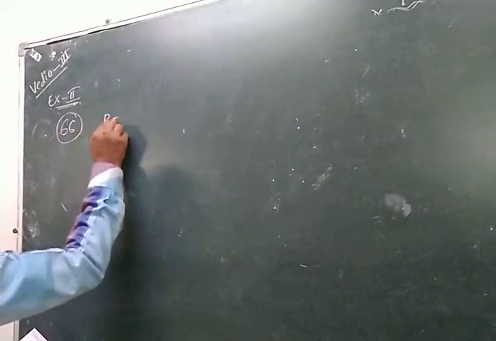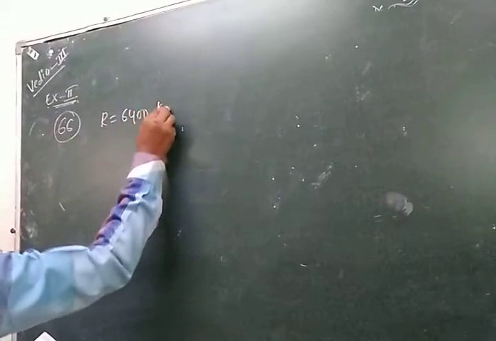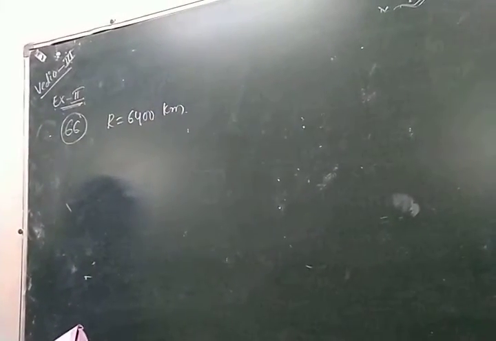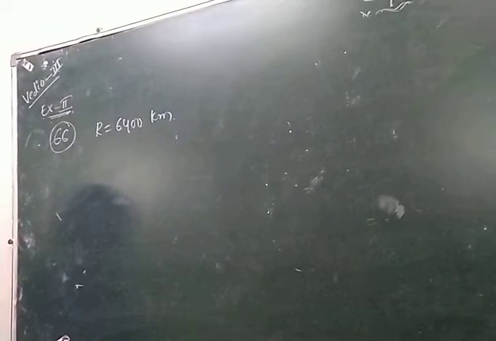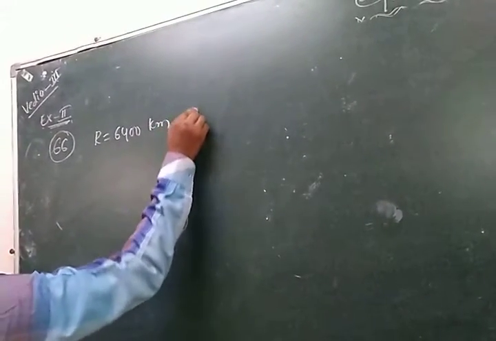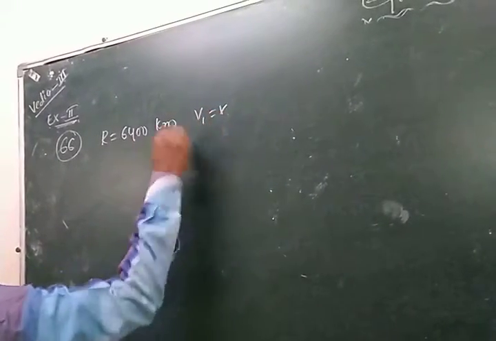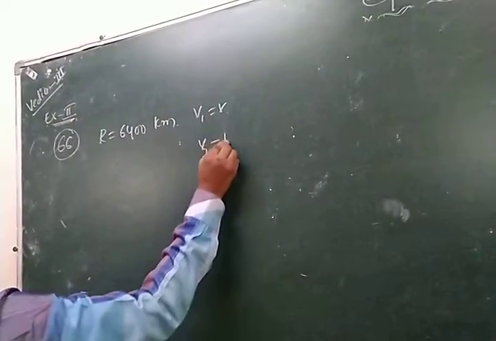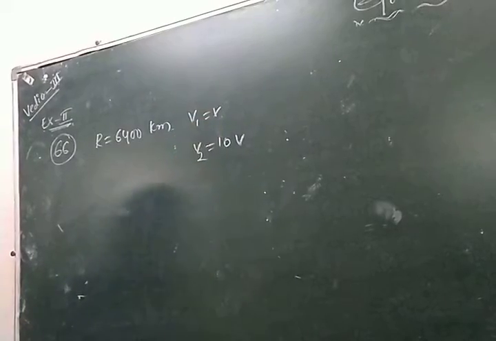Question 66. To what radius, in kilometers, should the present radius of the earth, R equal to 6400 kilometers, be compressed so that the escape velocity is increased 10 times? The initial escape velocity V1 is equal to V, and the new velocity V2 is 10 times the initial escape velocity.